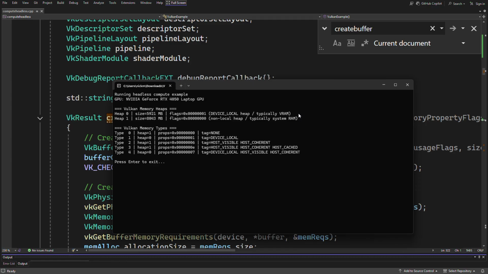So that is physical memory in my laptop. Now, heap 0 is the VRAM on the GPU, device local. Heap 1 is system RAM on my laptop. So this doesn't have anything to do with the GPU at all.